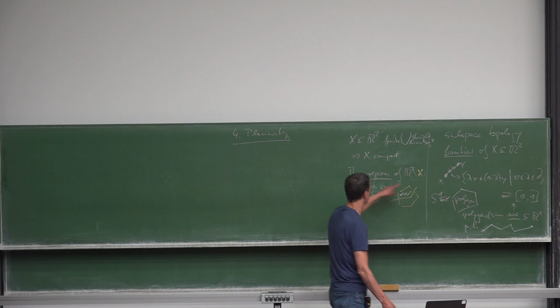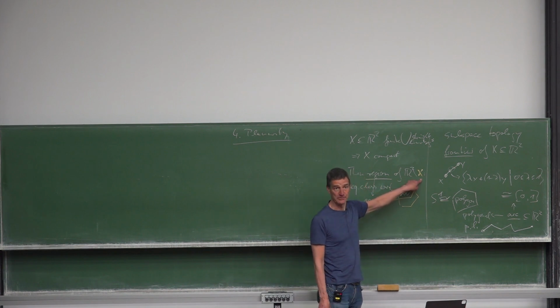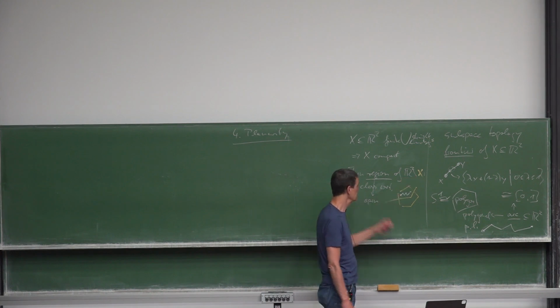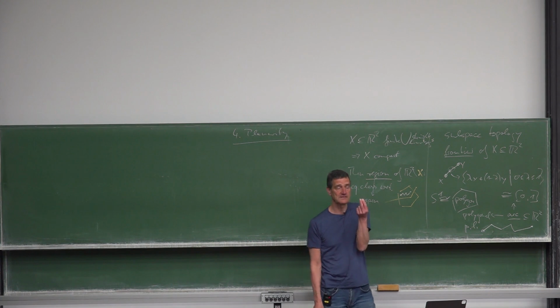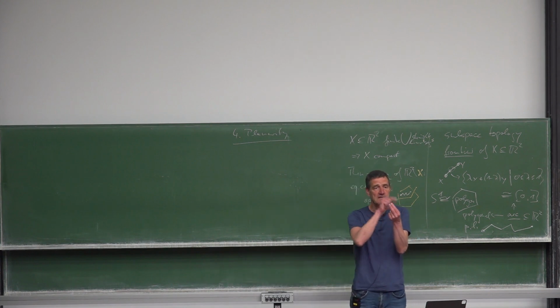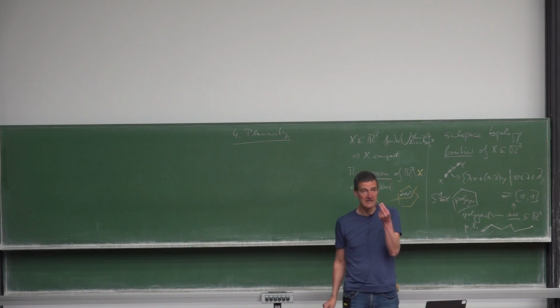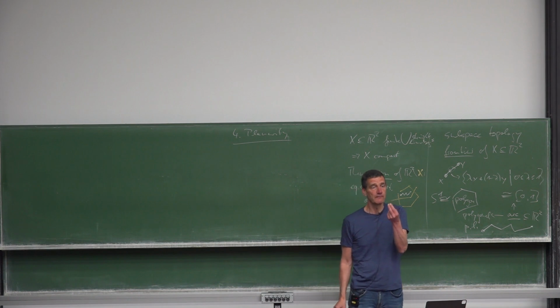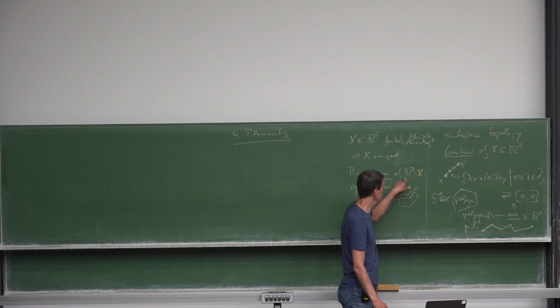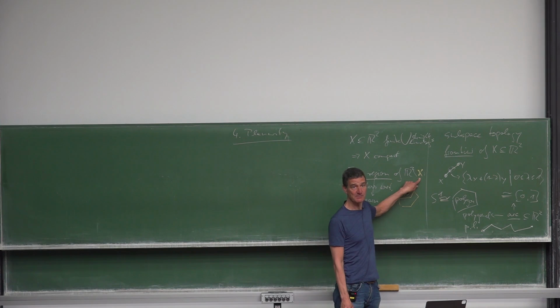Well, plane minus X is open because X is closed. Why is the region open? Well, take a point in the region, and we want to find a little open disk around it that's entirely in that region. Well, choose a disk that's entirely in plane minus X, and that exists because plane minus X is open.